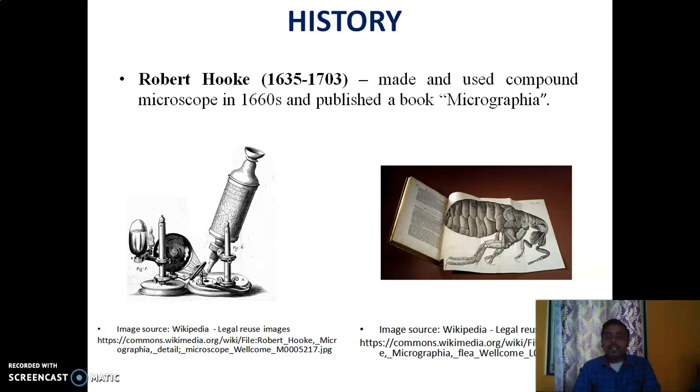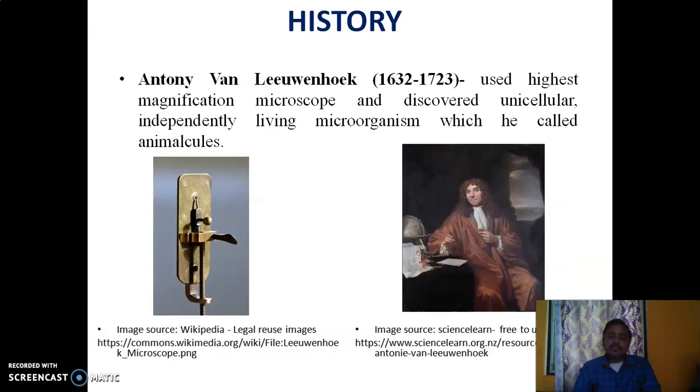He made and illustrated minute details of the things that he observed under his microscope. And Robert Hooke also coined the term cells, which he observed from the organisms that he was looking at under his compound microscope.